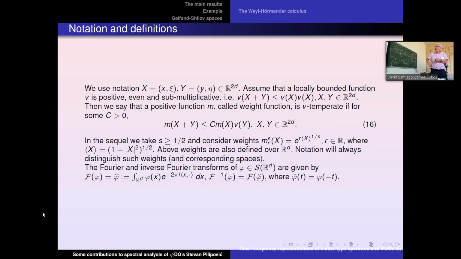And after all, this is just theoretical part. One just has to remember that I will consider such kind of weights, and this is Japanese bracket, as Boyan told.